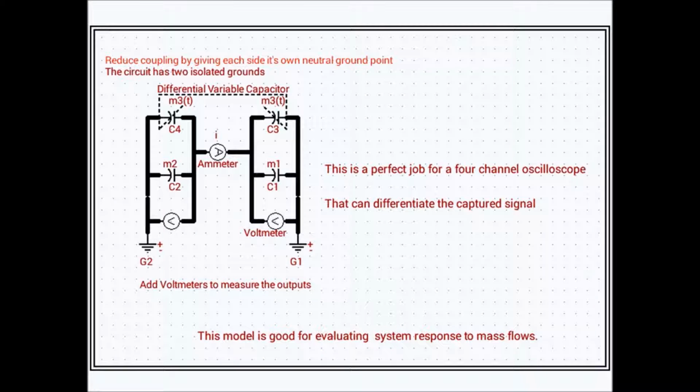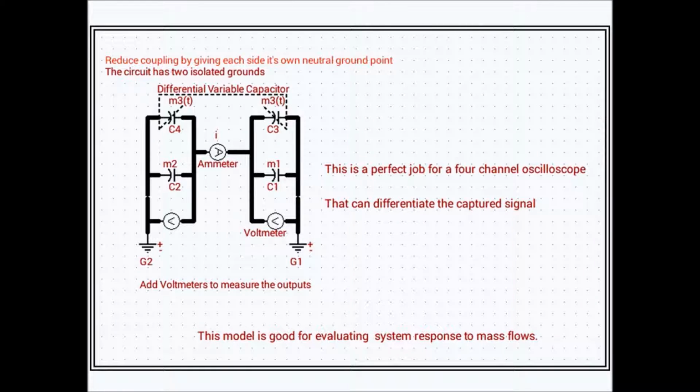The current will always be equal and opposite, just as our force is in the mechanical system, and the ammeter measures that current. So to implement this part of the circuit, we require something like a 4-channel oscilloscope. That would be the perfect instrument.